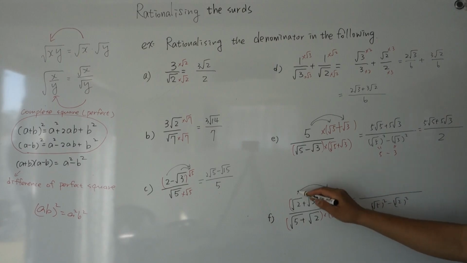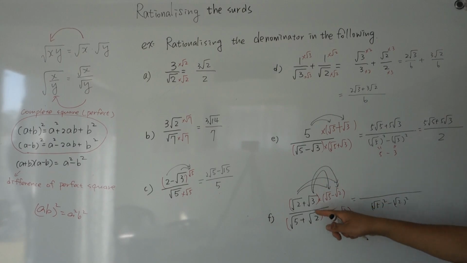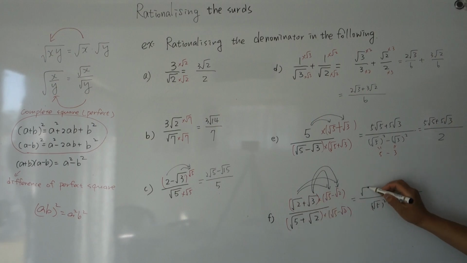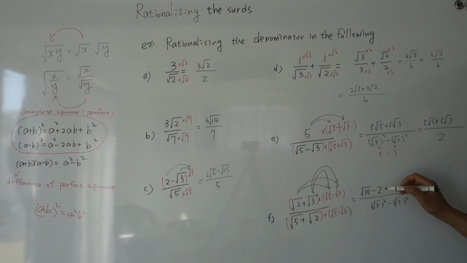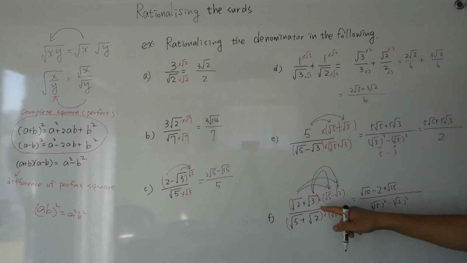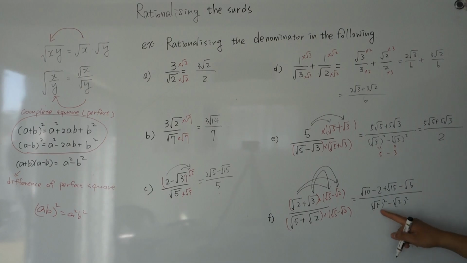So here, the distribution. This one times this one, we get square root 10, minus square root 2 times square root 2 is 2. Square root 5 times square root 5 is 5. Square root 3 times square root 5, we get plus square root 15. Square root 3 times negative square root 2 becomes minus square root 6. And the bottom becomes 5 minus 2, so it becomes 3.